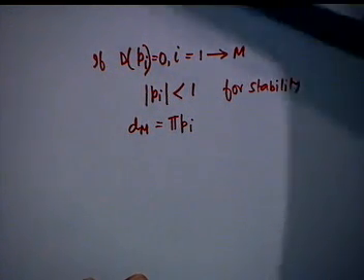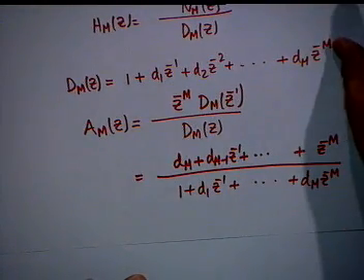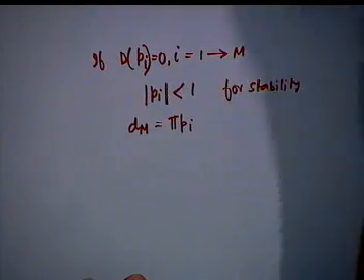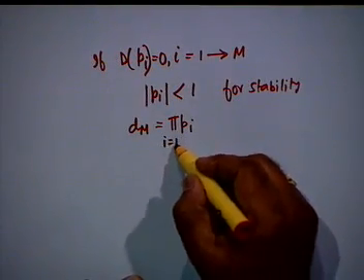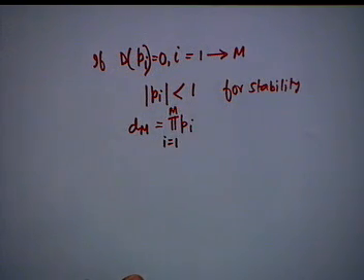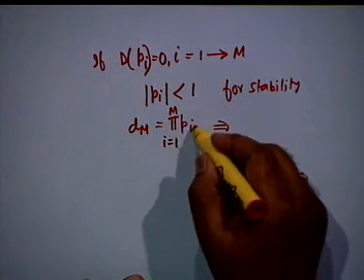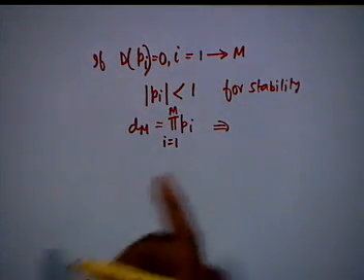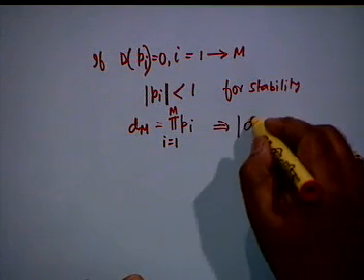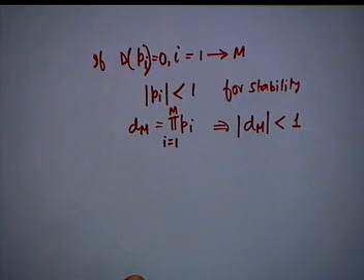Is the point clear? This term must be the product of the roots. So d_m, which is equal to plus or minus the continued product of p_i, i equal to 1 to m, must be constrained for stability, since magnitude p_i is less than 1 for all i, therefore d_m should be less than 1 in magnitude. Okay.